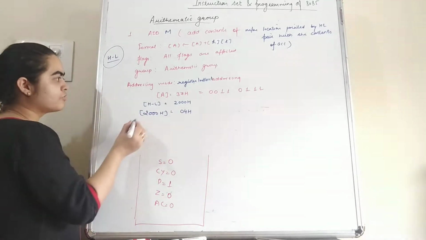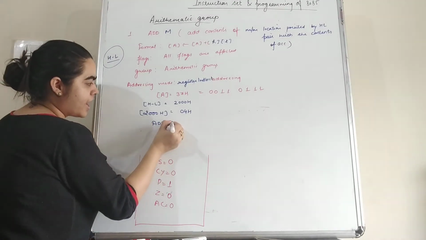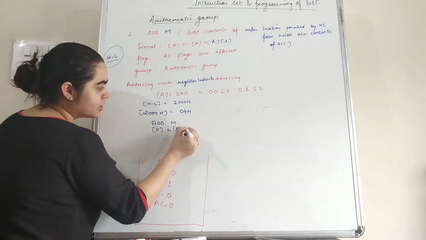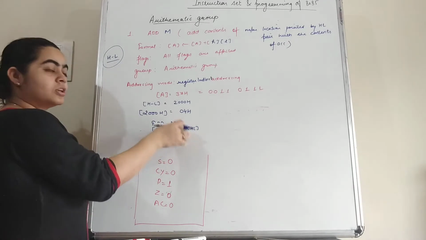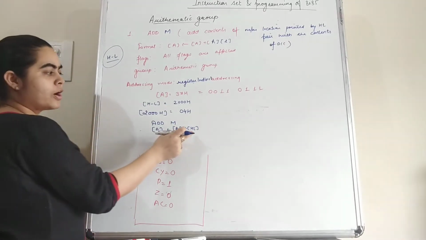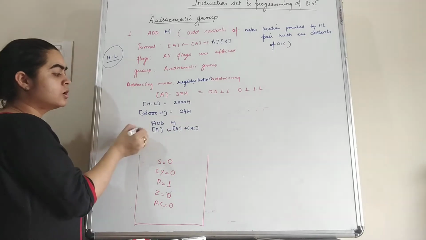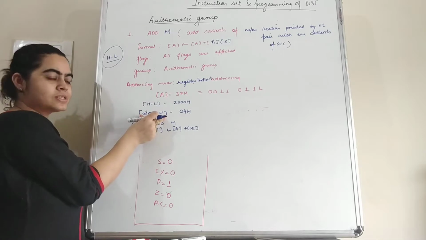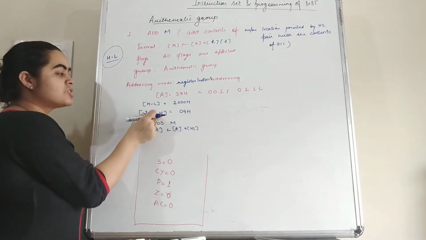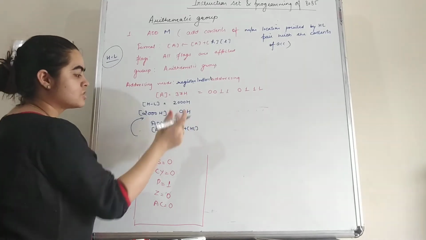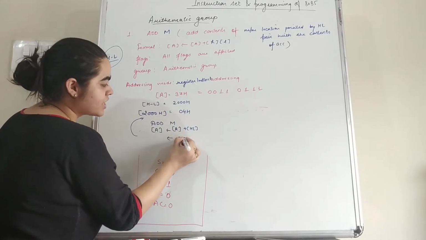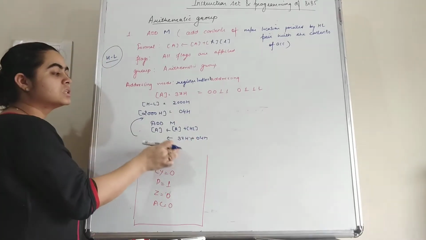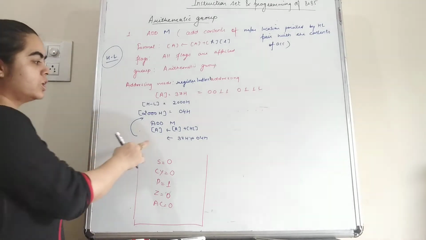So if we write the instruction ADD M, this ADD M will add the contents of the accumulator with the contents of the memory location that is pointed by the HL pair. So in the HL pair we have this address, and when we check this address it has the value 04H. That means in this instruction we add 37H with 04H, and the result of these two values we store in the accumulator.